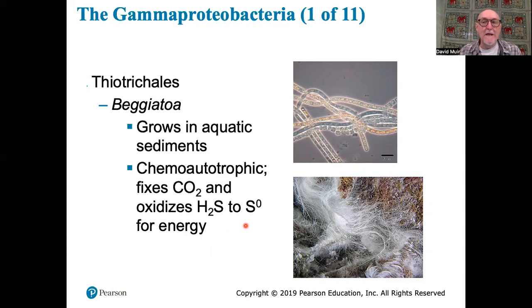And this is called Beggiatoa. Beggiatoa is a colonial bacterium. It exists in colonies which form filaments like this. They can be extremely long, and they wrap around each other, and so acquire a certain mechanical strength.